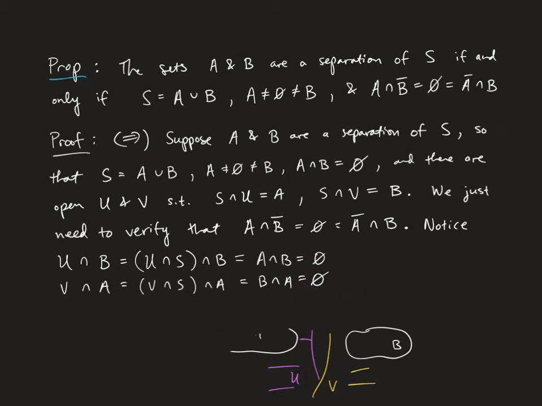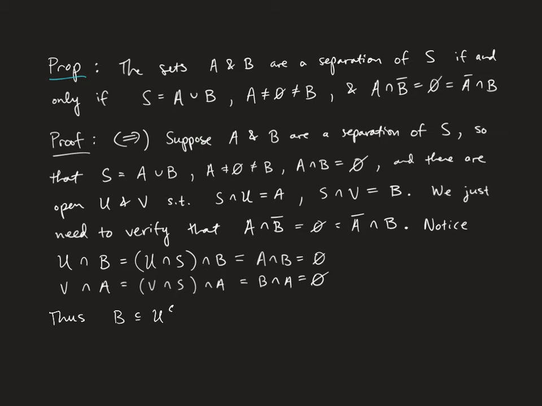So what that tells us, thus, is that B must be contained in U complement, and A must be contained in V complement. So since U complement and V complement are closed, in fact, B closure is contained in U complement, and A closure is contained in V complement.